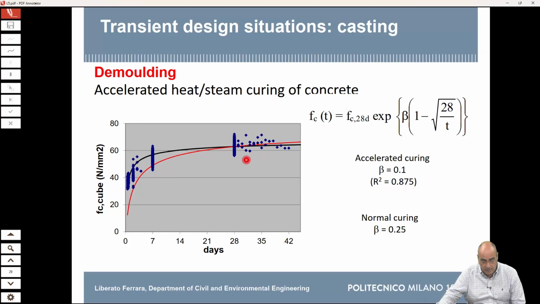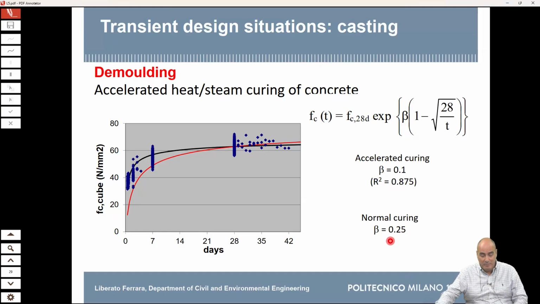The red curve is what you find in the Eurocode or fib Model Code as the aging curve of a normal strength concrete for normal curing. It is an exponential relationship, and we use a factor beta. This is related to the type of curing and in some way also to the type of concrete.